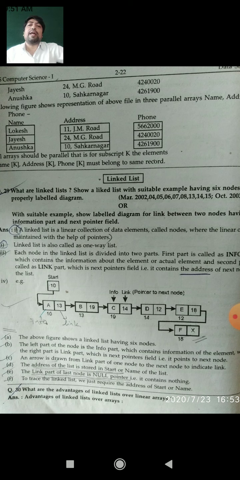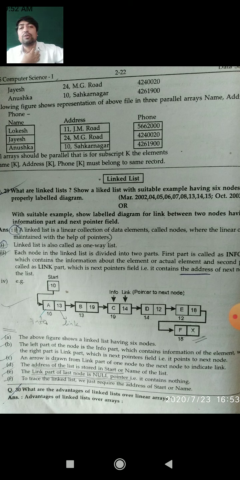Like the linear array, where different operations were possible, like insertion of a new element and deletion of an existing element, the same applies in a linked list. In the next video we will see that in detail.